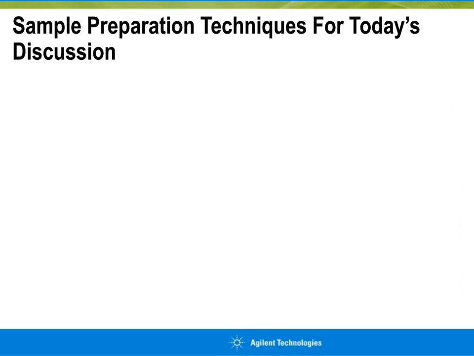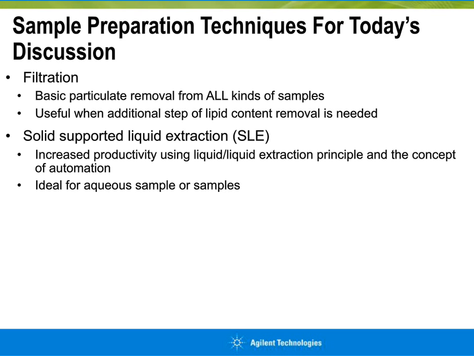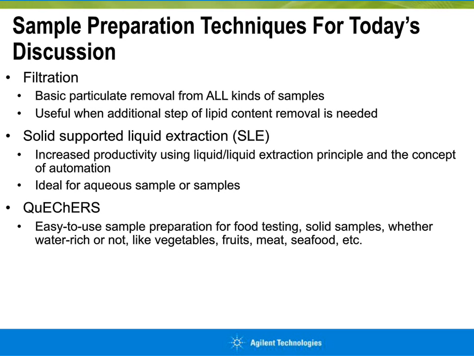We'll start with filtration, which is removing basic particulates from all types of samples, but when you mix that with a functional filtration, you can remove lipids. Solid supported liquid extraction increases productivity relative to liquid-liquid extraction, and it can be automated, and it's ideal for aqueous samples. Then we'll look at catchers, which is an easy-to-use sample preparation for food testing.